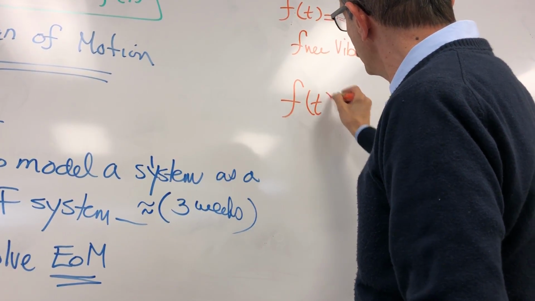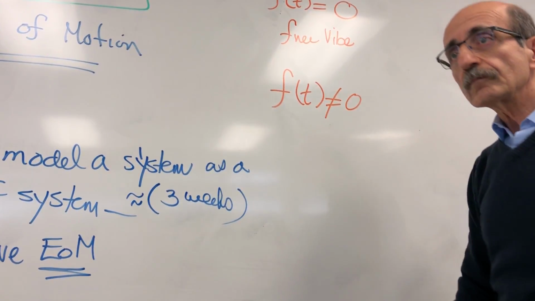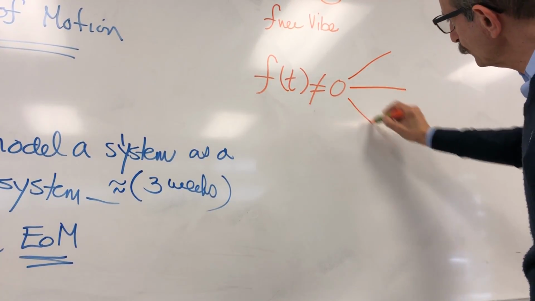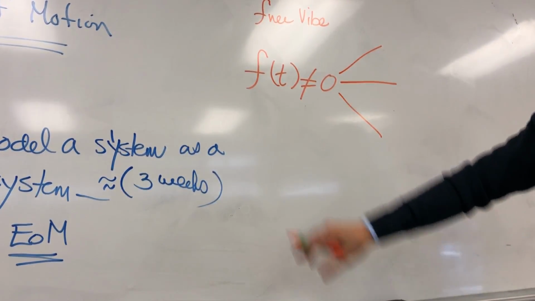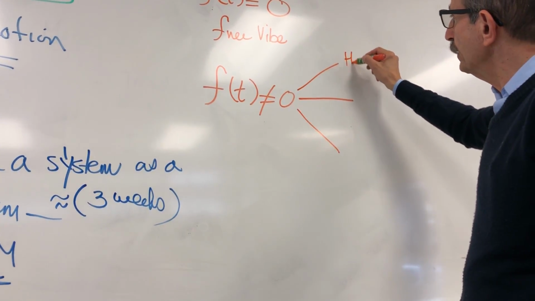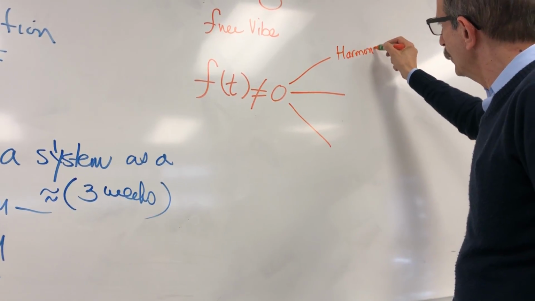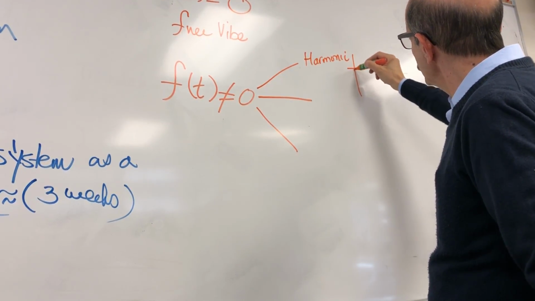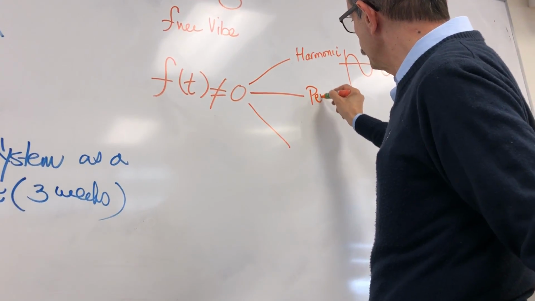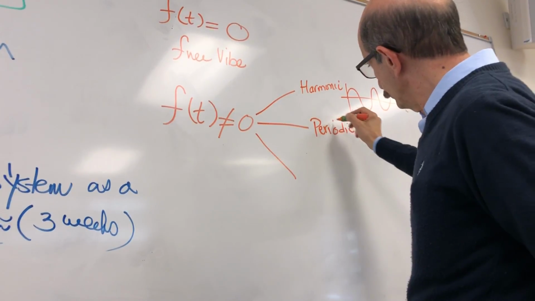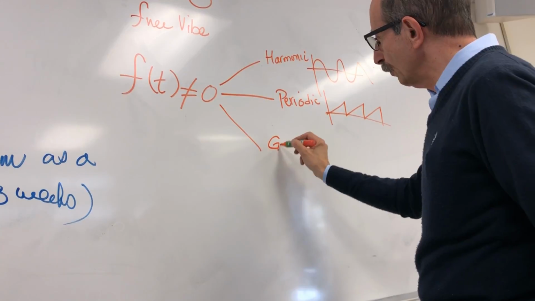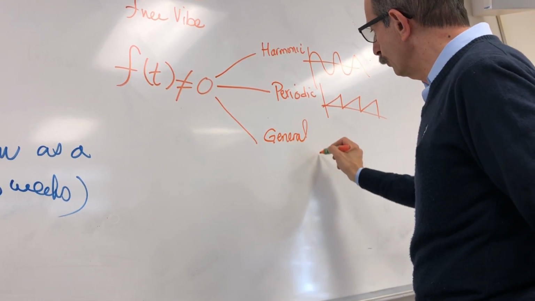Or this is not 0. When it is not 0, we look at, in this course, 3 types of forces that can act on a system. Either this is a harmonic force. Harmonic means a sinusoidal, a cyclic force, or a periodic force, something like this, or a general force.